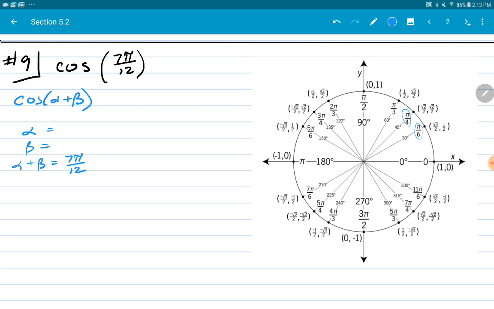But if you think of all those radian measures in terms of 12ths of pi, then this is 1/12 of pi, and this is 2/12 of pi, and this is 3, and this is 4, and then we don't have 5 pi 12ths as a standard angle, so then we go to 6, and then we skip 7, and then we have 8, and we have 9, and 10, and we skip 11, and we have 12, and it just continues in this way.